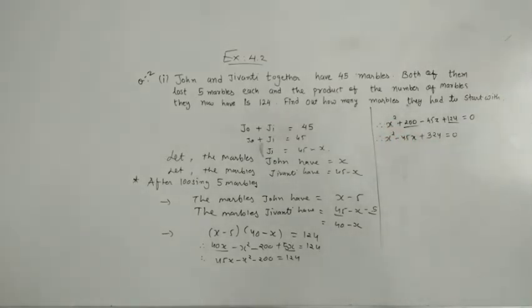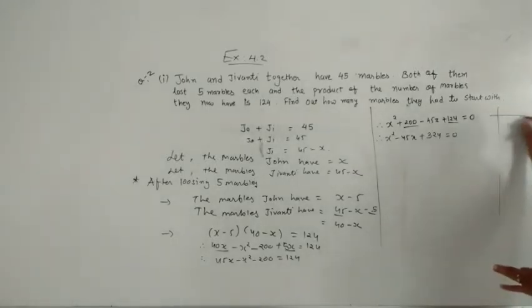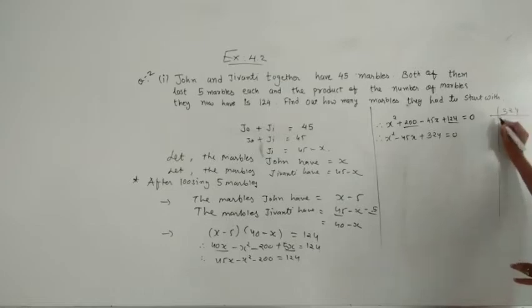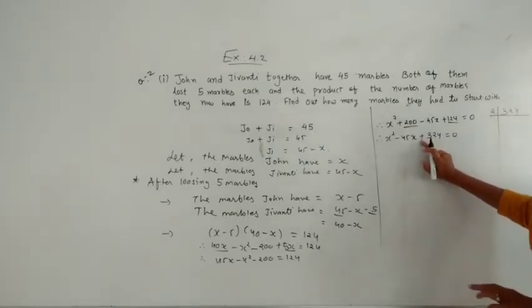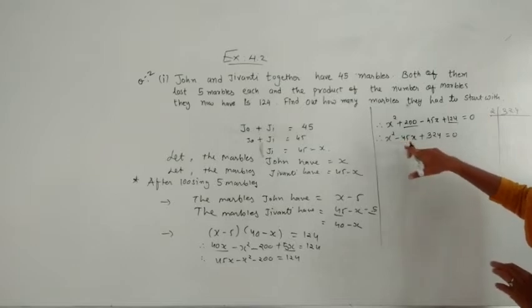We have only one method right now, that is splitting the middle term, for which we have to take out factors of it. So we will take factors of it and we will make possible pairs. By adding those two numbers we should get minus 45.